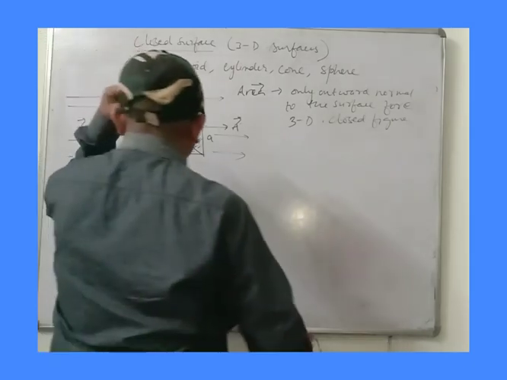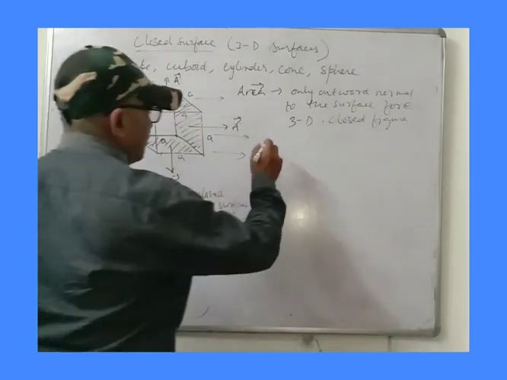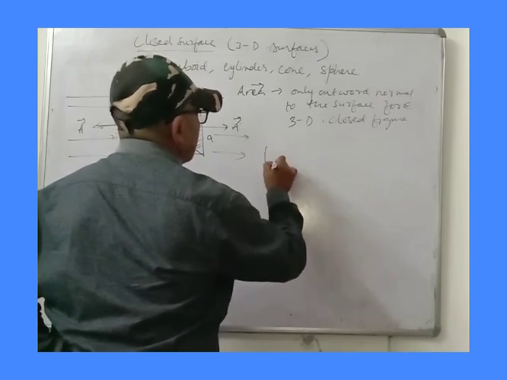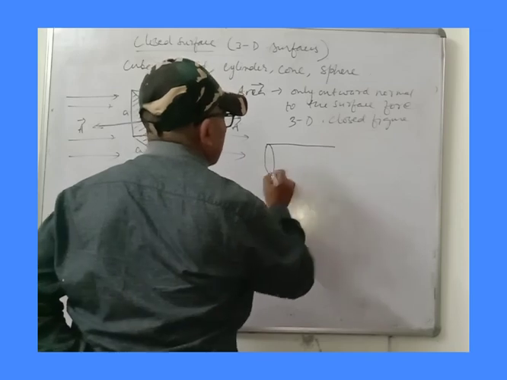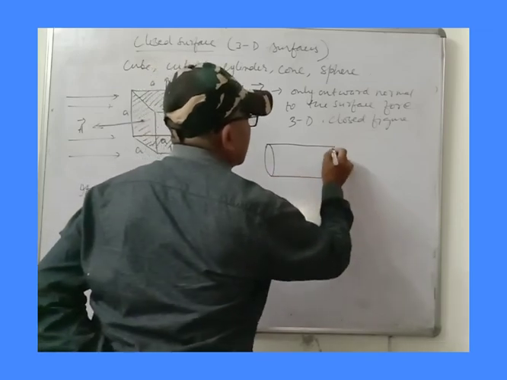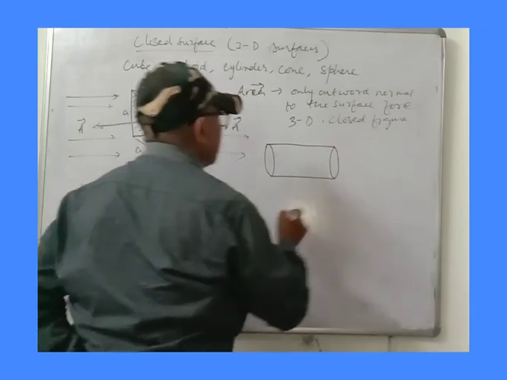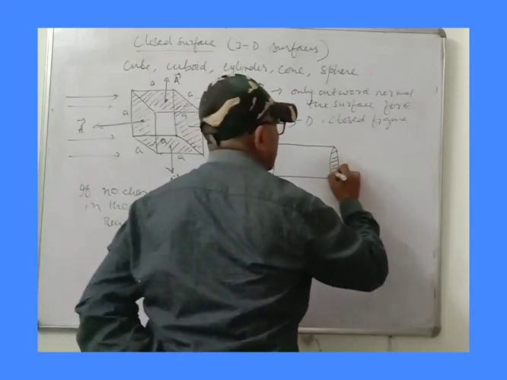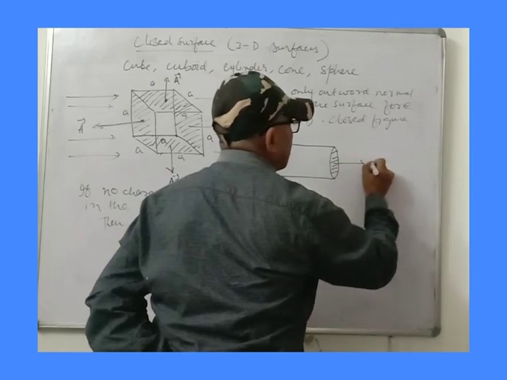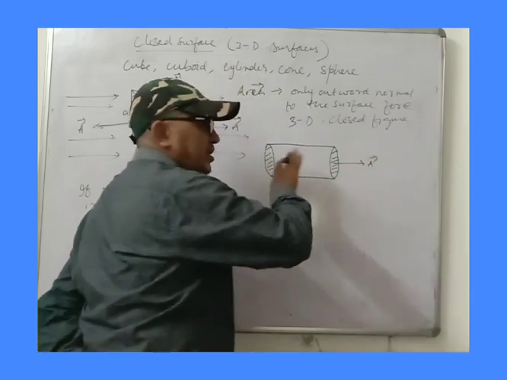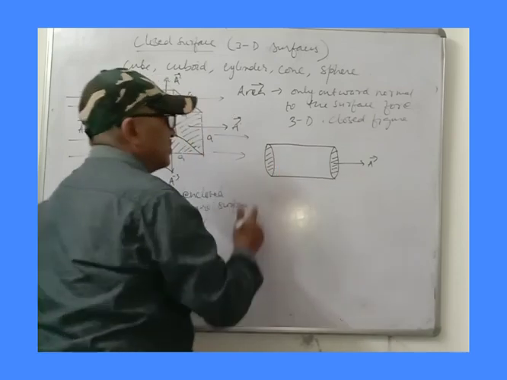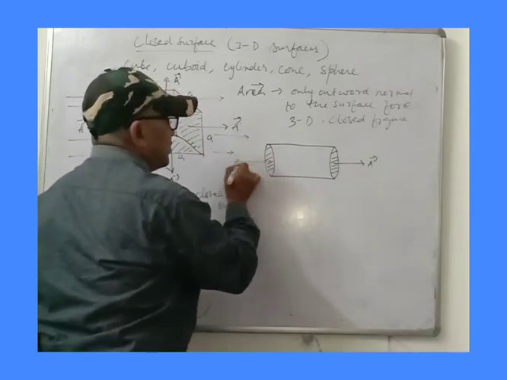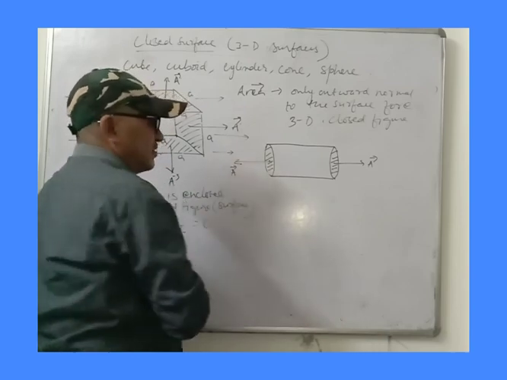Now one more closed figure we will take. Suppose there is a cylinder. This is the area of cross section. Its area vector is normally outward, no inward.